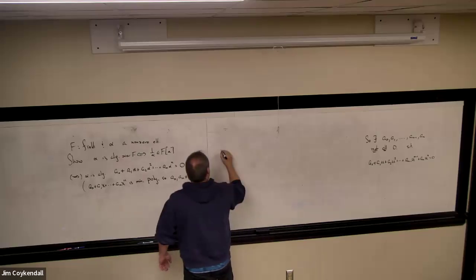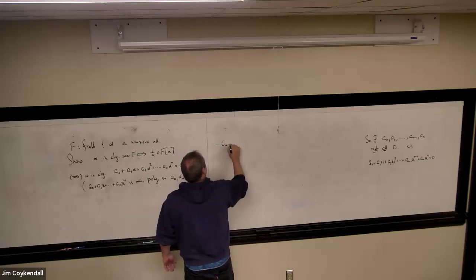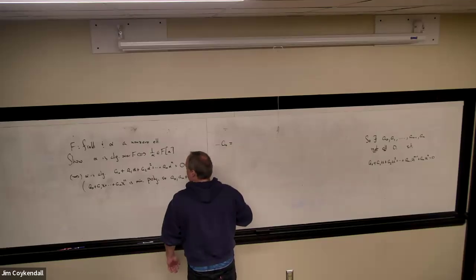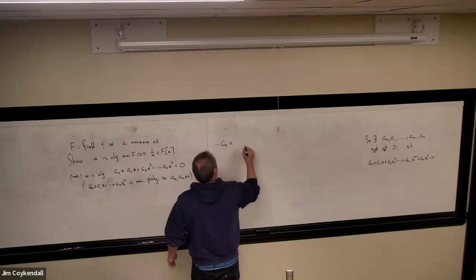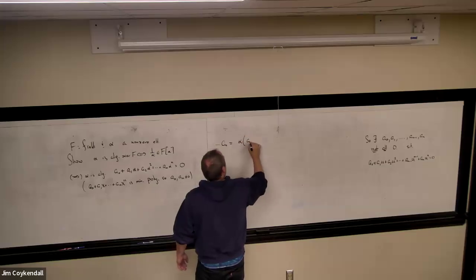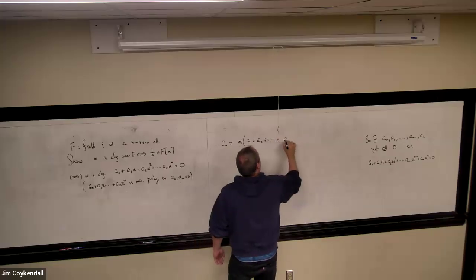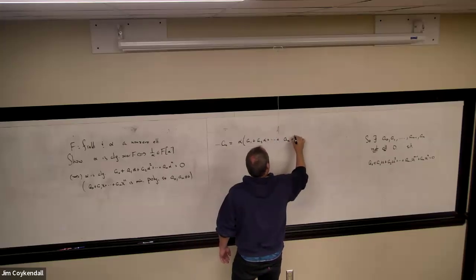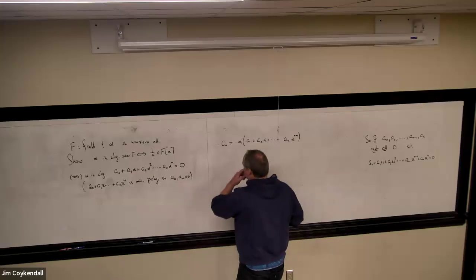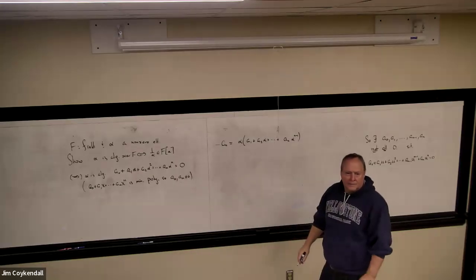This means that minus a0 is equal to alpha times (a1 plus a2 alpha plus ... plus an alpha^(n-1)). Agree?